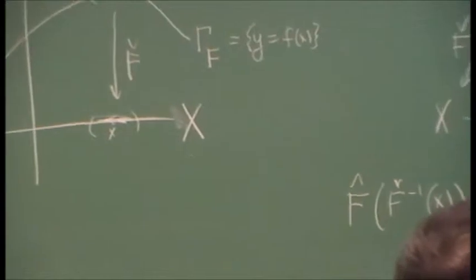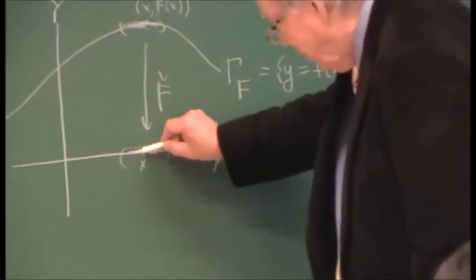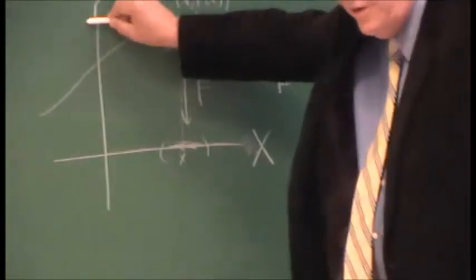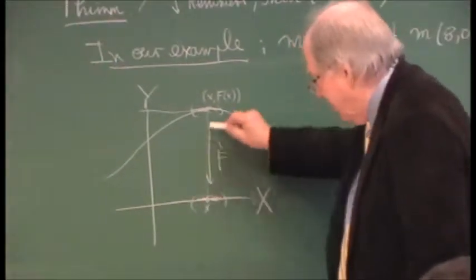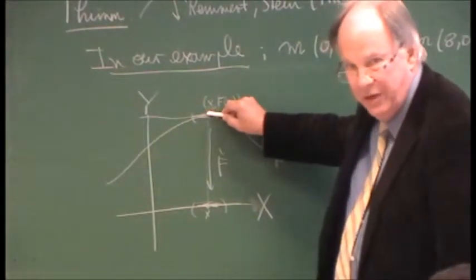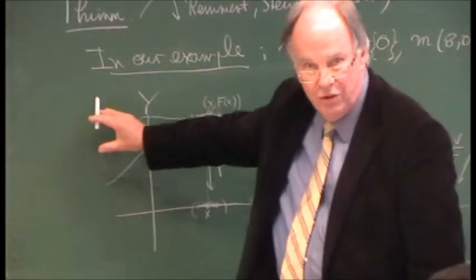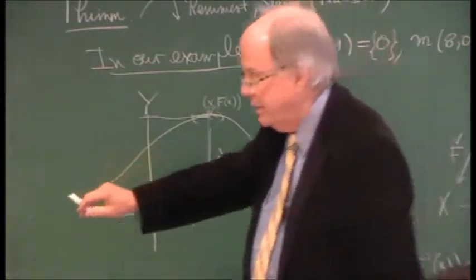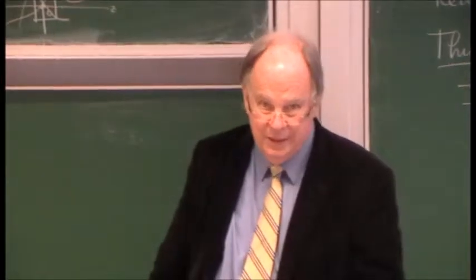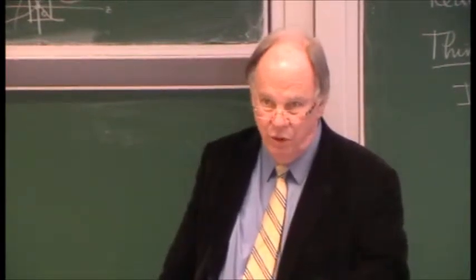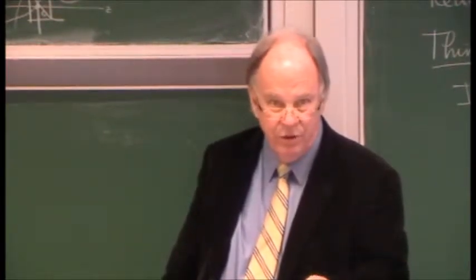My 11-year-old granddaughter knows that if you take a point up here and bring it over here, that's the image. But if the pre-image of a point is positive dimensional, then its image over here will be positive dimensional. And that's exactly what happens here. The image is all of P1.